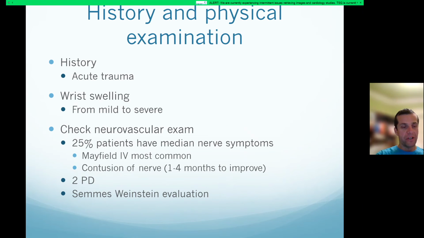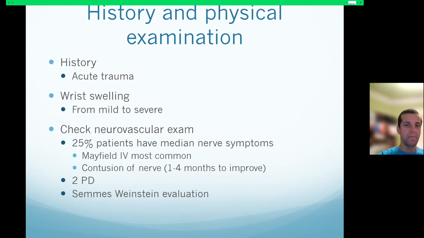When seeing a patient with such injury in the emergency room, there's a history of acute trauma, as I mentioned, high energy. Wrist swelling could range anywhere from mild to severe. It's important to check the neurovascular exam, as at least 25% of the patients have median nerve symptoms.